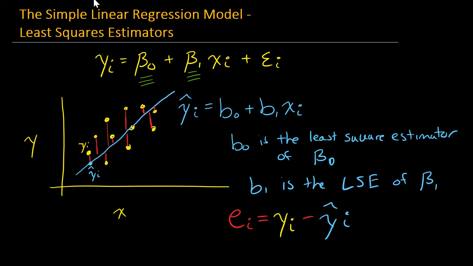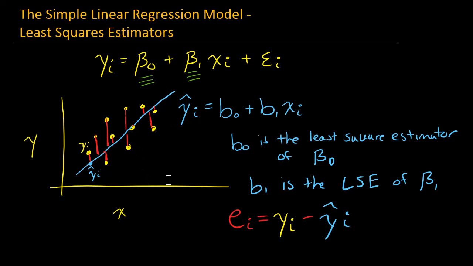Okay, and that's called the residual, right? So e is the residual, and there's a different residual for every observation, right? And what we want to do is we want to minimize those residuals.